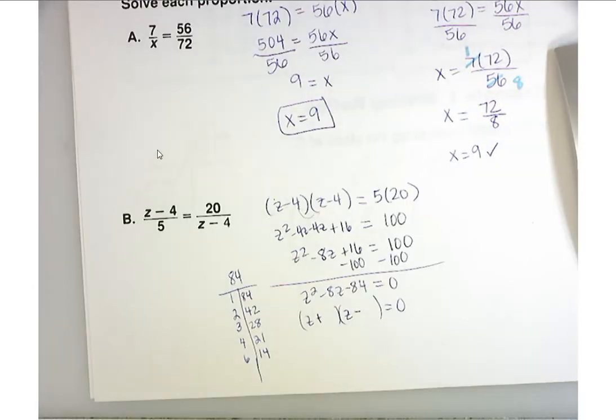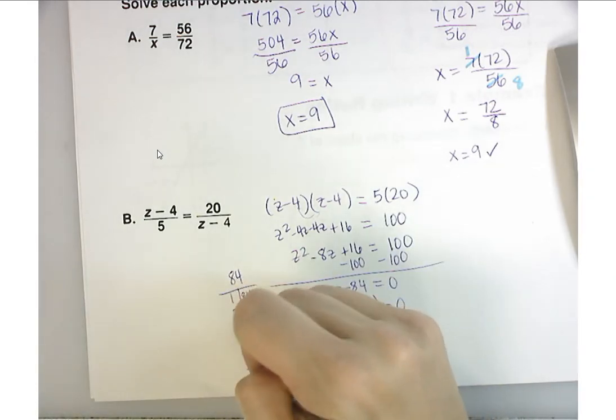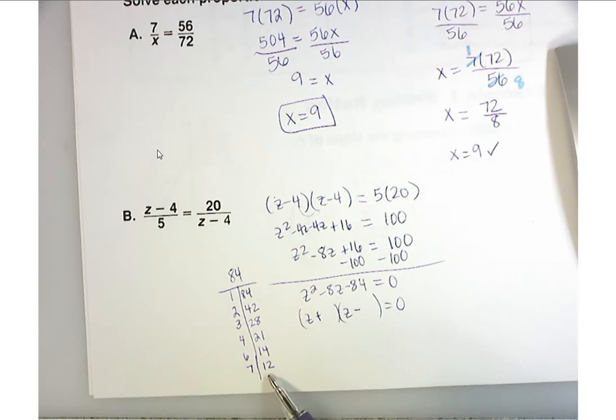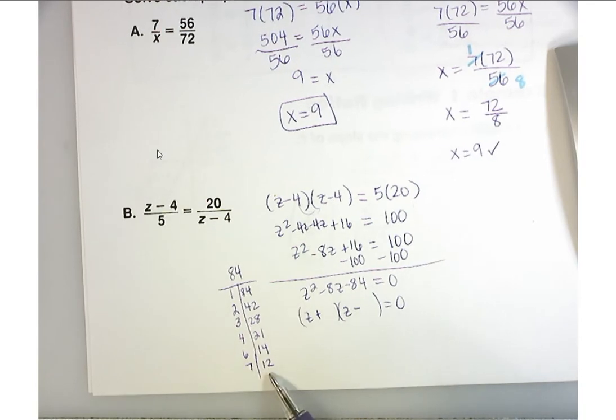Yes. 12, 8, no, 9, we know that 10 doesn't, right? And we know that 11 doesn't. And then 12, see how 12 is already on our chart? That's how we know we found them all.